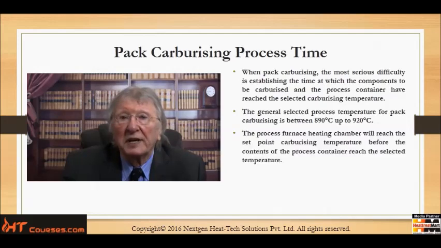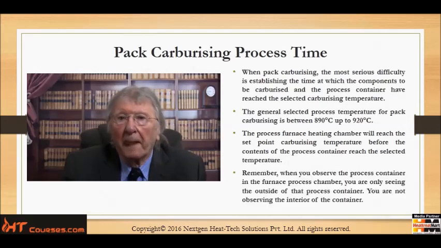The process furnace heating chamber will reach the set point carburizing temperature long before the contents of the process container also reach the carburizing temperature. Remember that you should place the container in the furnace process chamber only when you have assumed that it is in the center.